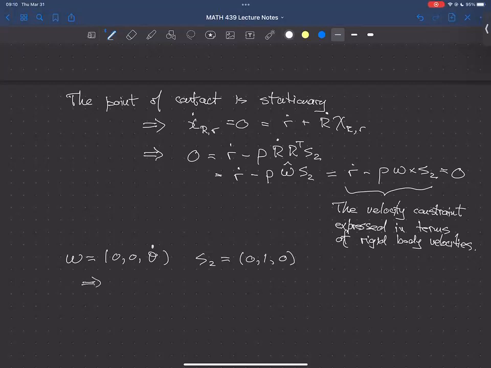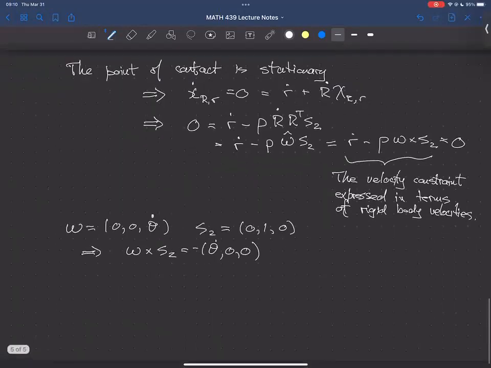It's a calculation to show that omega cross s2 is (minus theta dot, 0, 0). Whatever it is, it has to be in the s1 direction, because the cross product of two vectors always gives a vector orthogonal to the span of them. So the only question is whether it's plus or minus theta dot, and it's minus.